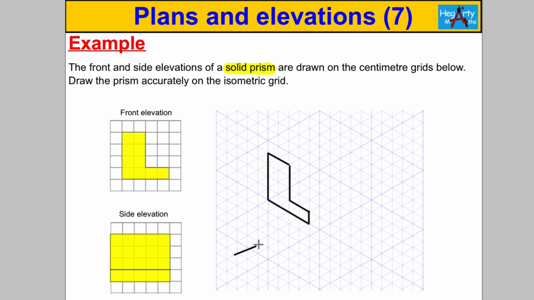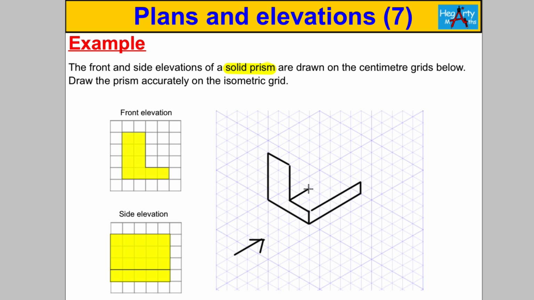So once you've got your front view and you know it's a prism, then the side elevation tells us it goes back into the page 1, 2, 3, 4, 5. And the reason we know that's how far back is because that line there is going to match up with this line here.